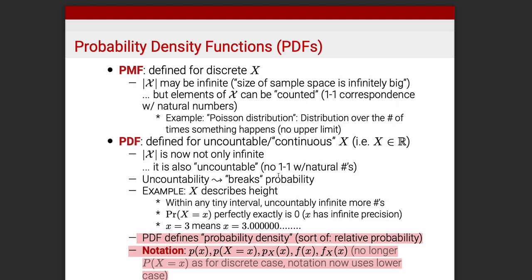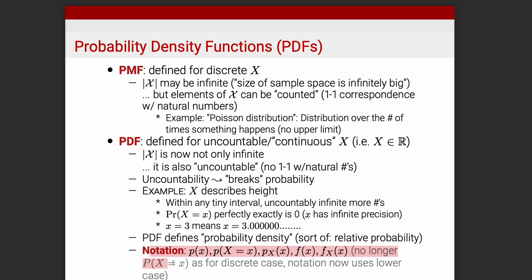In the PMF case, the PMF did define probability, whereas now the PDF is defining some kind of relative probability, and it will take a while for us to gain intuition for what exactly that means. The PDF is very similar to the PMF, but there are a few subtle differences that will be important for what we talk about later on.